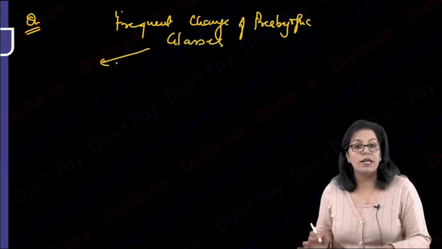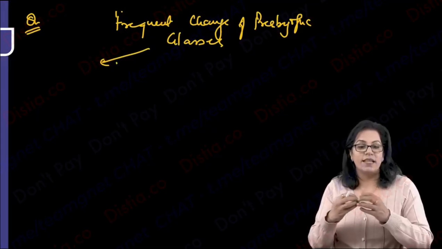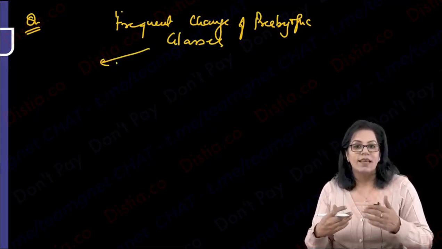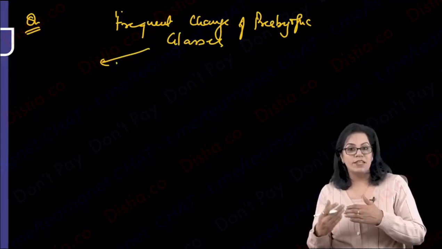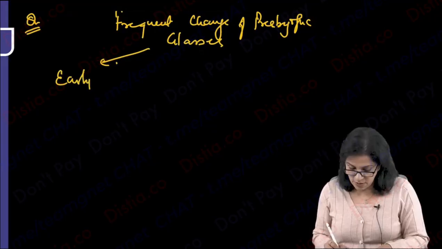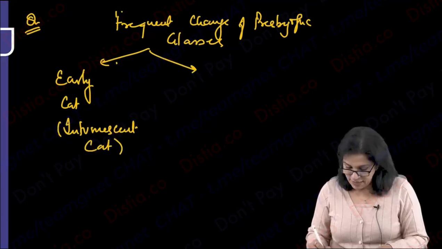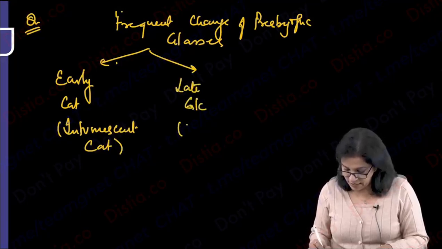First, it could be your intumescent cataract, where the swelling differs from time to time, and because the swelling is different, the curvature is different, therefore frequent change. So we call it intumescent. Mainly we are talking about early cataract. That is intumescent cataract. Second, we will learn late glaucoma, that is the late stage of primary open angle glaucoma.